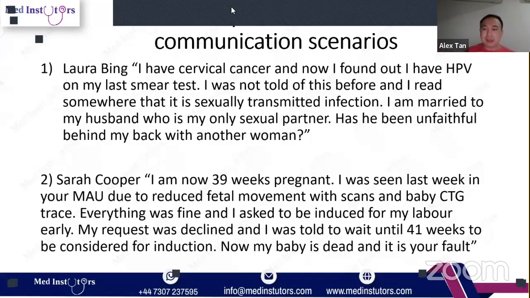Has my husband been unfaithful with another person? So remember what I said in the principles: don't incriminate your colleagues, and don't point fingers at the patient's family dynamics, because what you say will change and affect the dynamics between a couple, the children and the mother, and the next of kin.